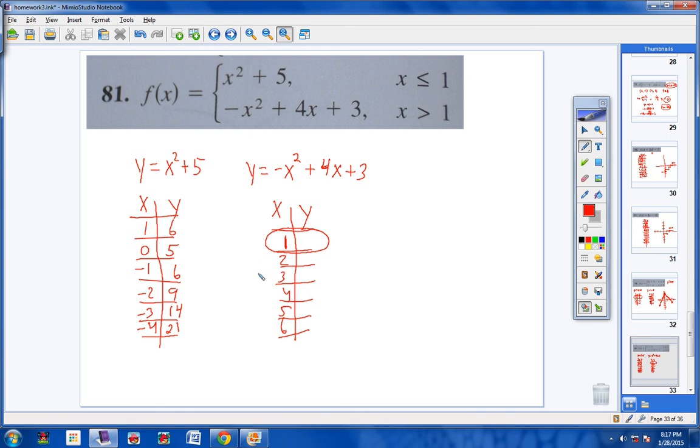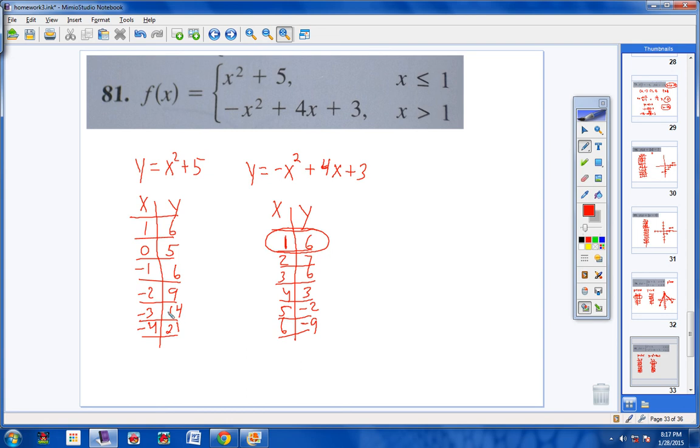So with my graphing calculator very quickly here, let's see what I have. 1 gives me out a 6, 2 gives me out a 7, 3 gives me out a 6, 4 gives me out a 3, 5 is a negative 2, and 6 is a negative 9. So that helps me a little bit with drawing my coordinate plane. My x values run from negative 4 to positive 6, and my y values run all the way to 21.